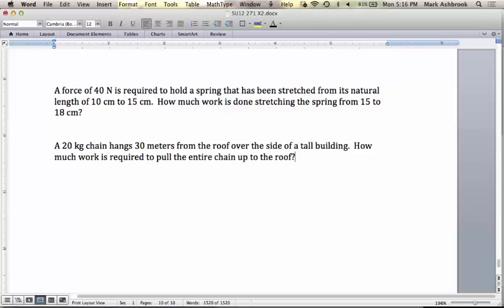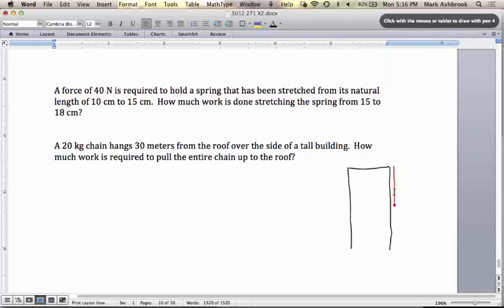So I'll just give you a picture. There's like a pulley or something.